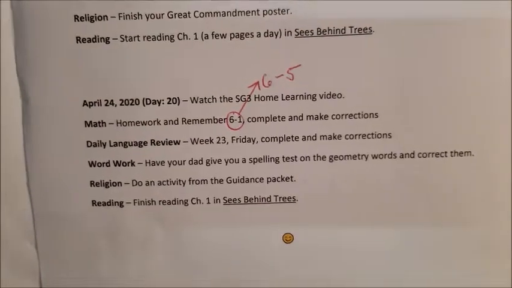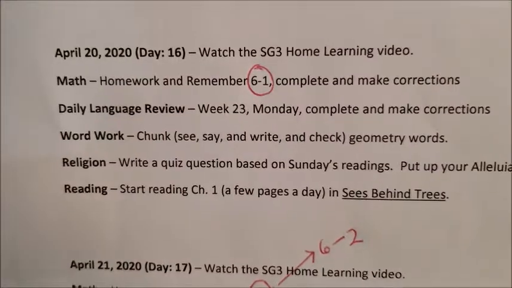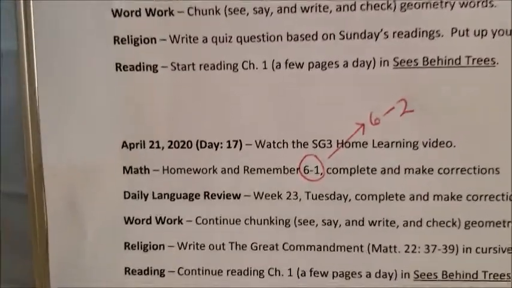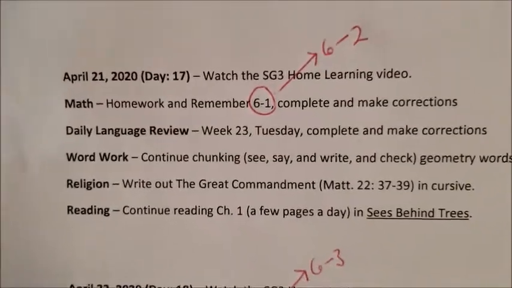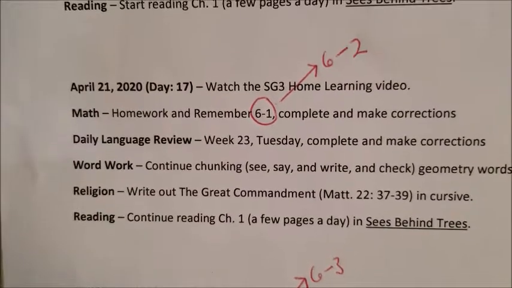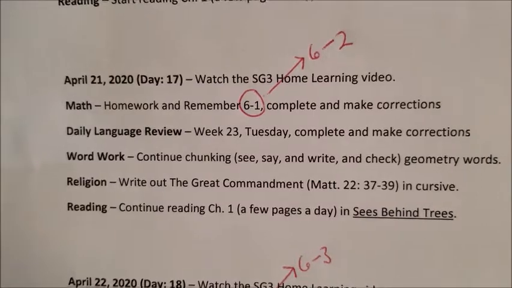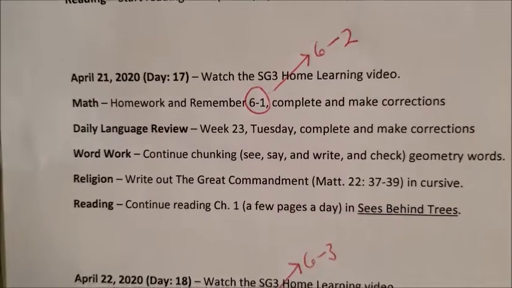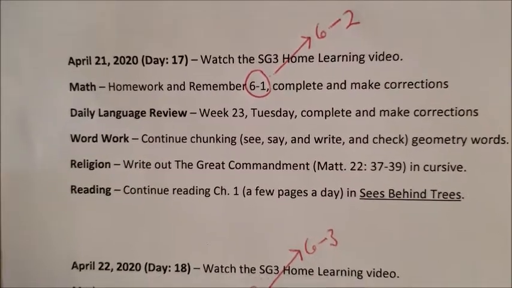So, let's take a look at what we have for the rest of the day here on the 21st. We're going to make sure we watch the video that we're doing right now. And we have some math to do. We're going to learn a little bit more about geometry.